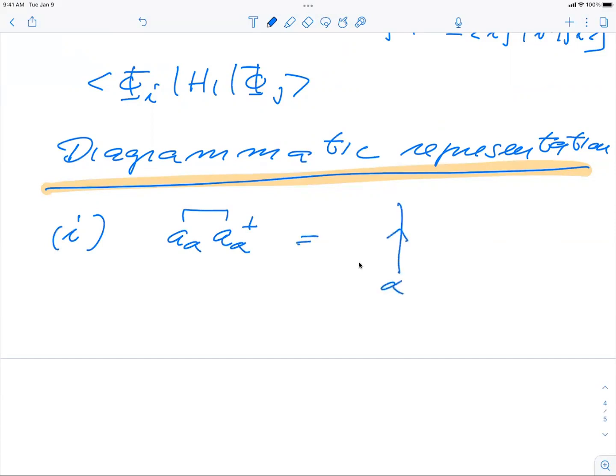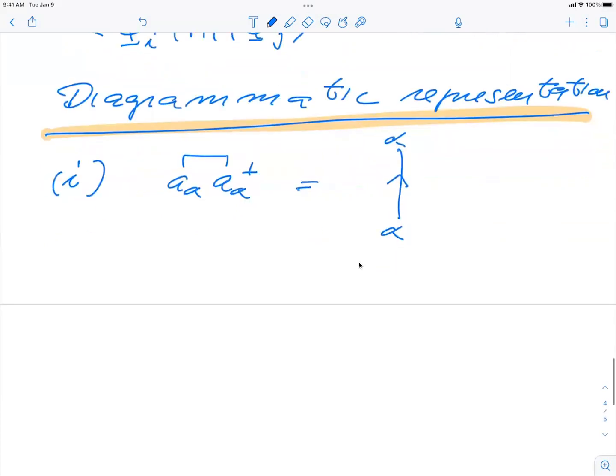So this is going to have a state alpha and alpha. If you don't have an arrow on it, that means this is just a given state where we haven't performed any contraction. So when I look at an operator, I'm not going to put arrows on the operator itself.